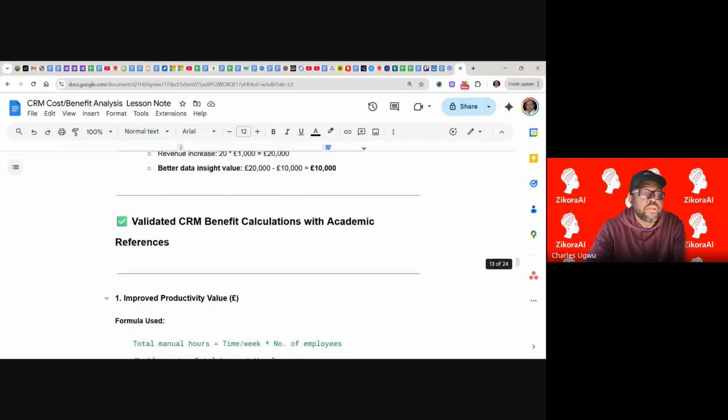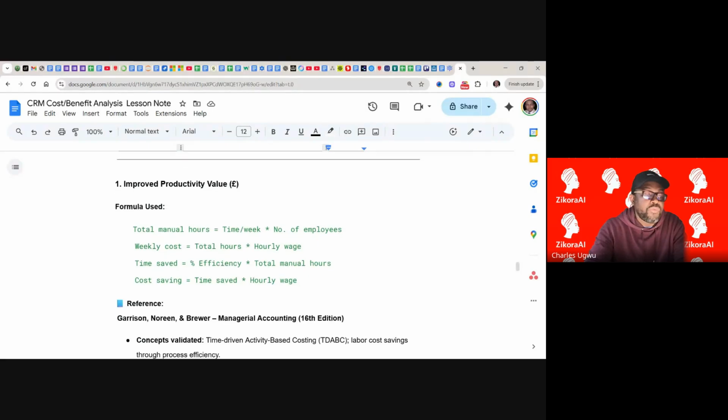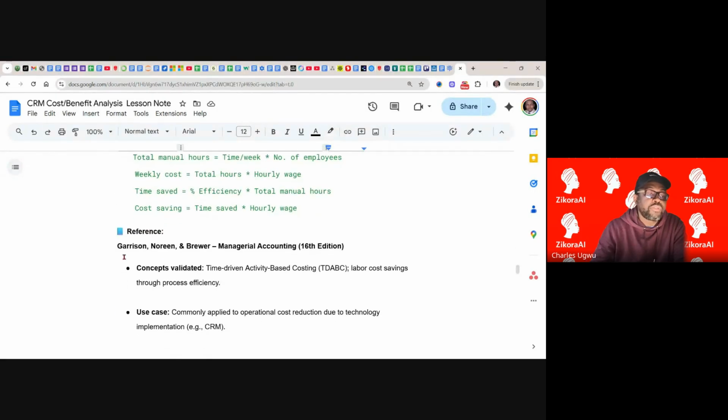Then going down here, you see validated CRM benefits calculation with academic references. So this is validated. If you go here, you see improved productivity value. This is the formula, and this is the referencing.